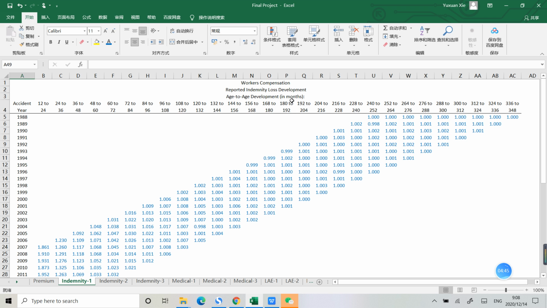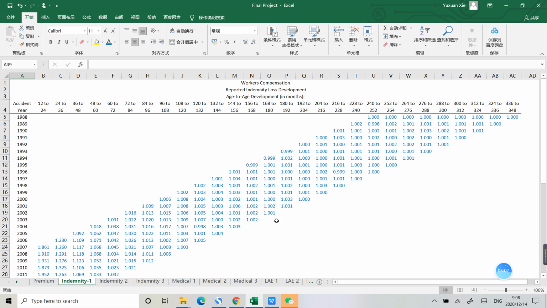This sheet displays the reported link ratios by accident year for indemnity losses, starting with 12 to 24 months link ratios and progressing through to the 336 to 348 months link ratios.